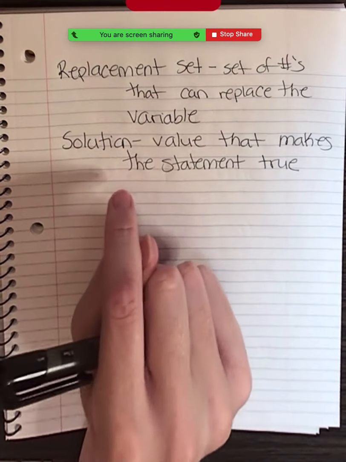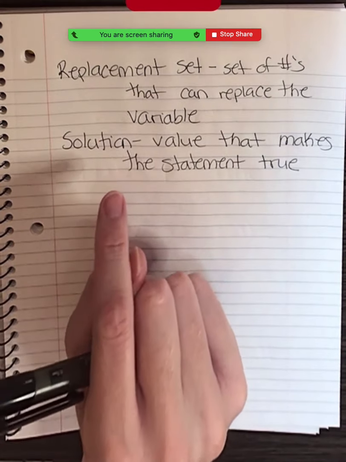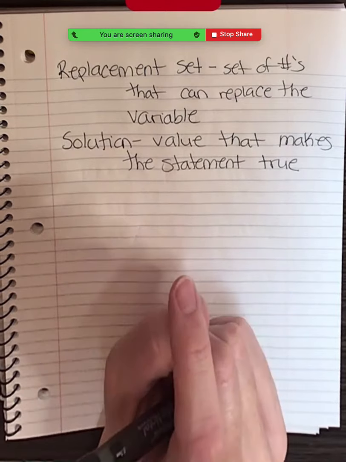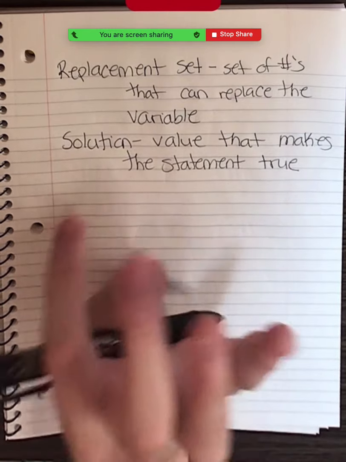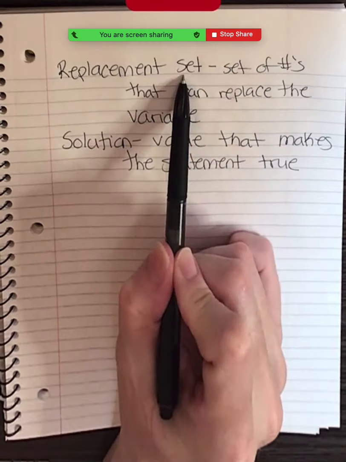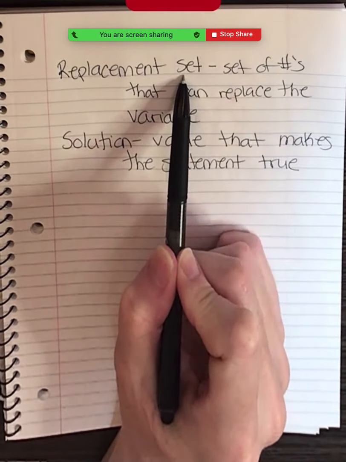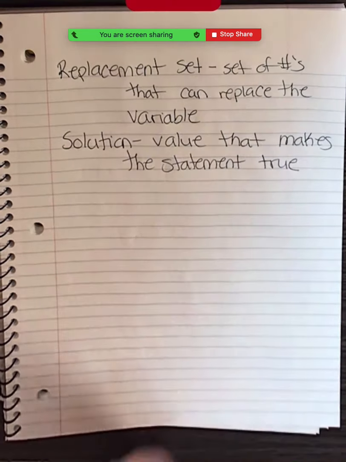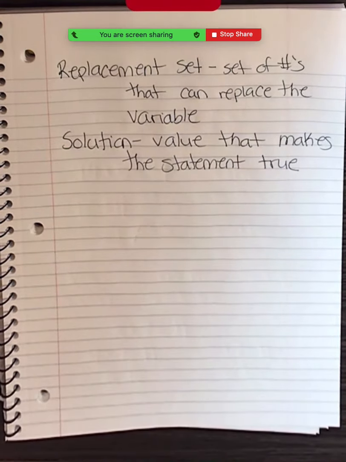If it's a true statement, it is a solution. If it's not true, it's not a solution. If none of the numbers in your replacement set work, you would say there's no solution for the replacement set. That doesn't mean there's not a solution, just not in the set you're given.